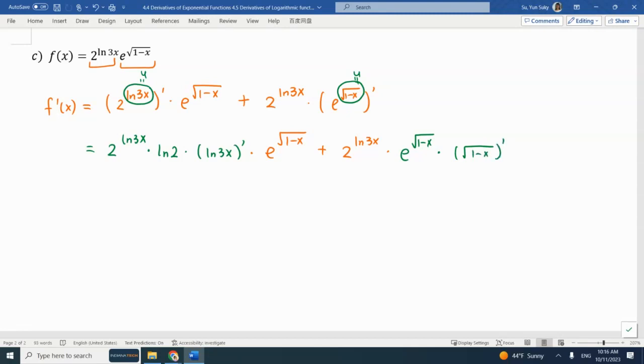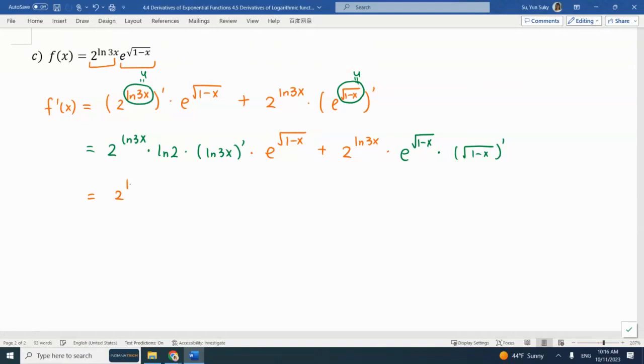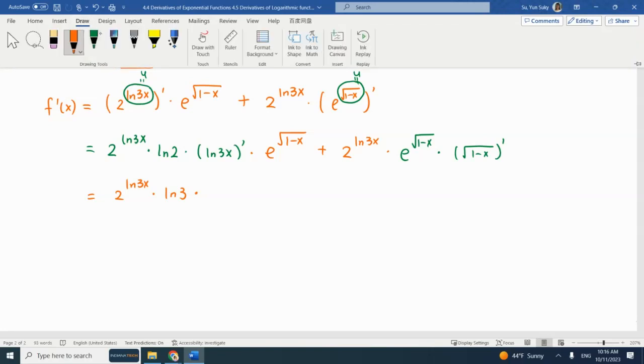So do it slowly. Here we're using the chain rule. So it's the old formula, and you multiply by u prime at the end. Is that clear, everybody? So be familiar with all the formulas. The factor with no prime, just copy it. But the factor with the prime, we need to take the derivative.